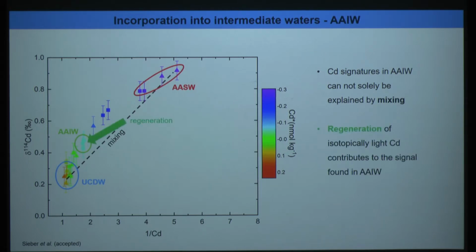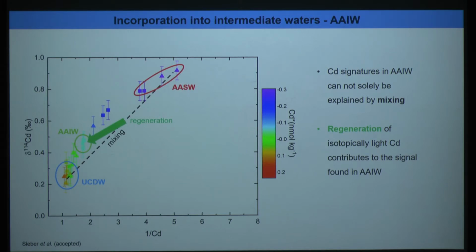And again, we're coming back to this biological pump, the shallow cycling. Of course, everything that is taken up, that is stripped out in the surface, will be regenerated just below in the shallow subsurface. So anything here will always have a small regeneration signal. And we know regeneration is light, because plankton take up light cadmium. So if we add cadmium, we go this way to the left, because it's 1 over cadmium, and we'll go down in isotopes a little, and we'll end up with something around here.